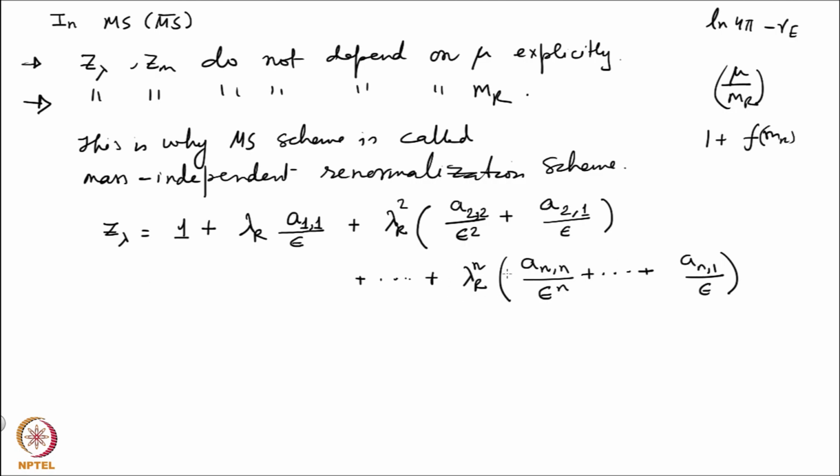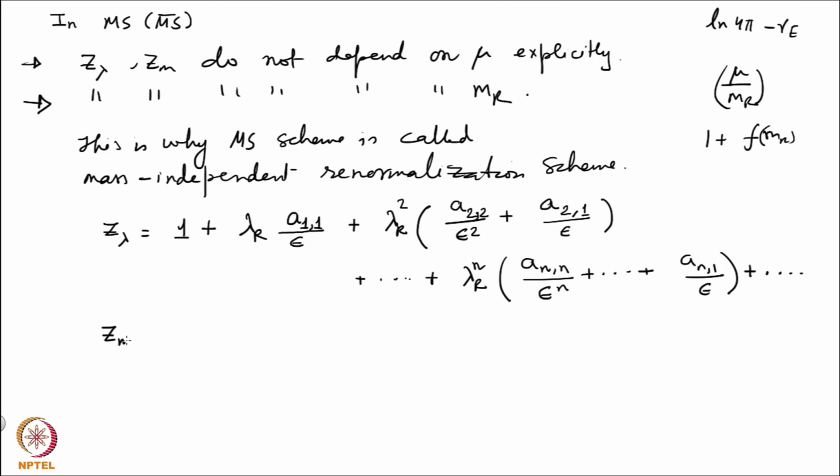So at every order n you are going to get poles of order n, n minus 1, n minus 2, up to order 1, a simple pole. So all these will be present. That's the structure of Z lambda.